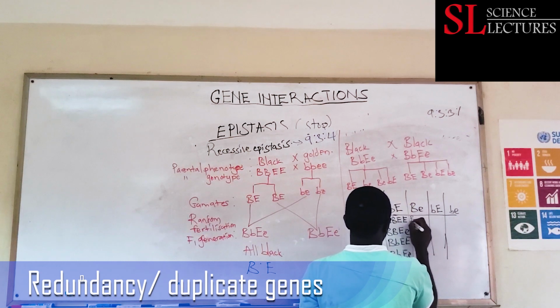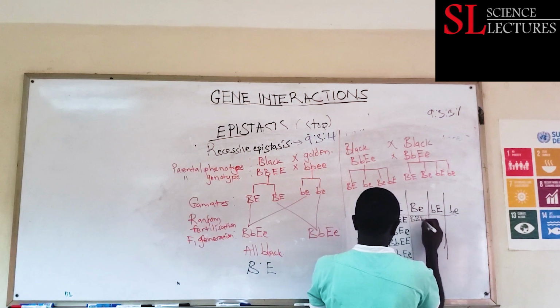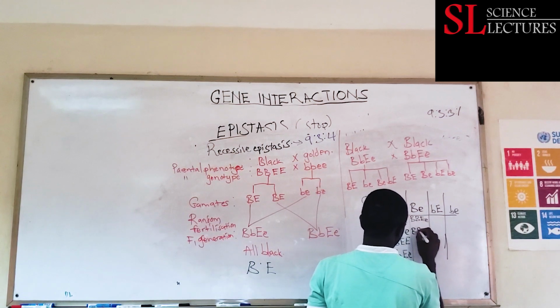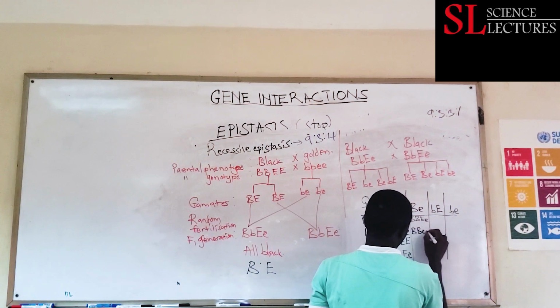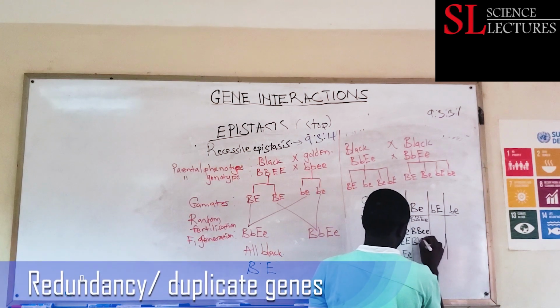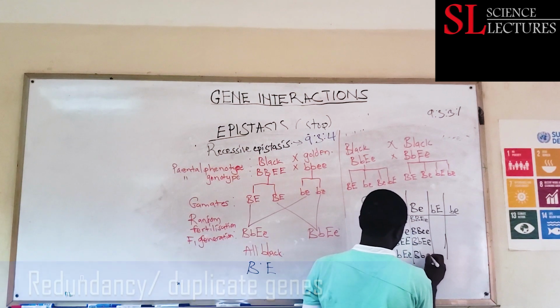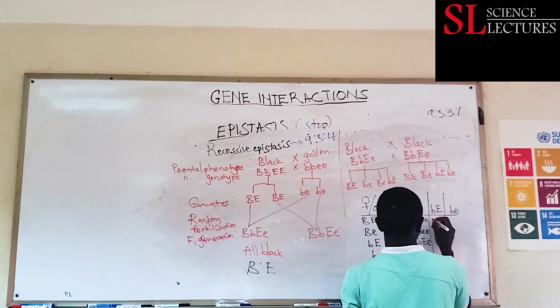Then capital B, capital E, small e, capital B, small e, capital B, small b, capital E, small e. Capital B, small b, E and E. Same story here.